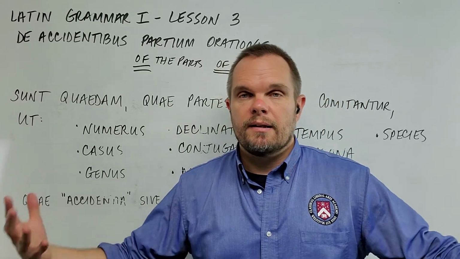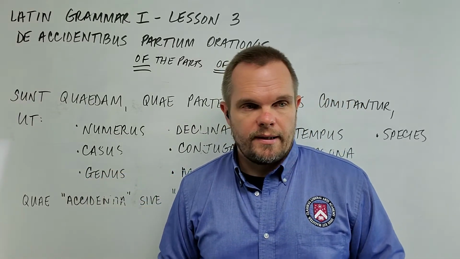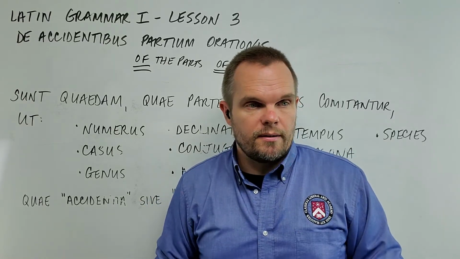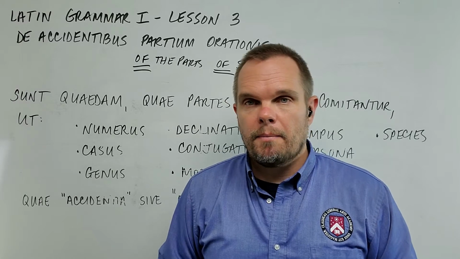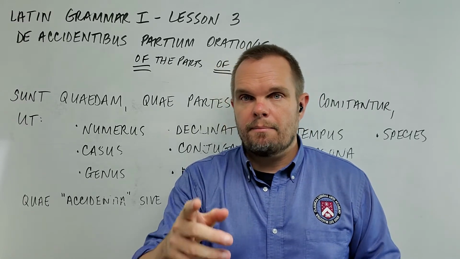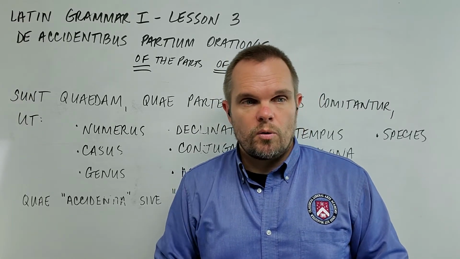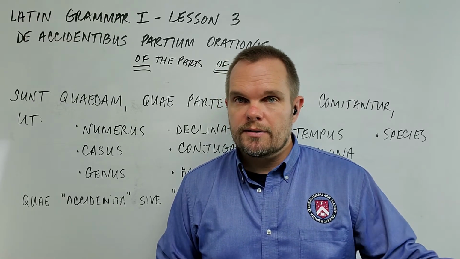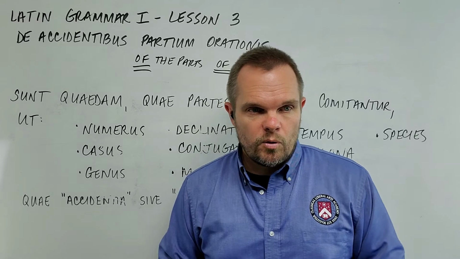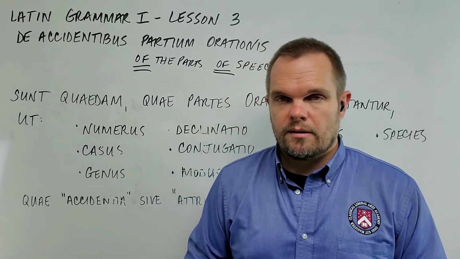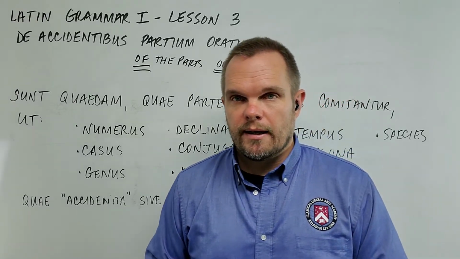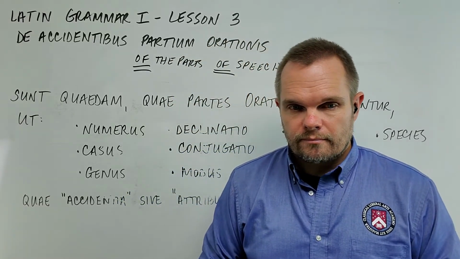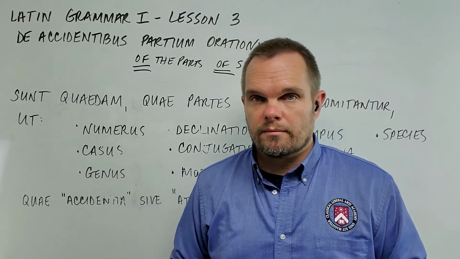Because induant: they bear, or literally, they put on, eam personam, that person, cuius est verbum, whose is the verb, cui adherent, to which they adhere, to which they belong. Okay?